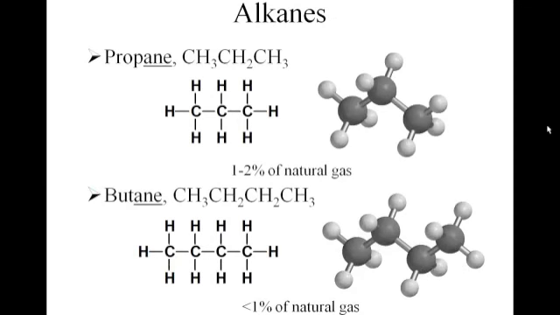We have 3 carbons in a row, and the prefix prop represents 3 carbons, followed by ane, tells you that it's fully saturated. We have no double or triple bonds. The prefix but represents 4 carbons, followed by ane, tells you no double or triple bonds.